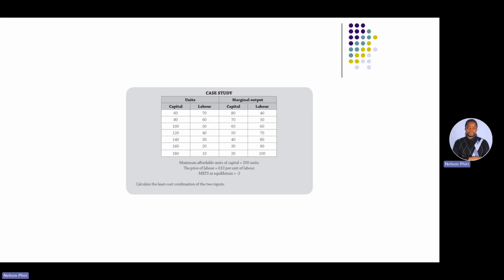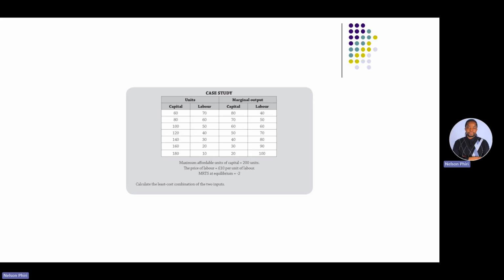So first of all, we want to calculate our price of capital from the production budget. We're given that the maximum affordable units of capital is 200, and we're given that the price of labor is 10.